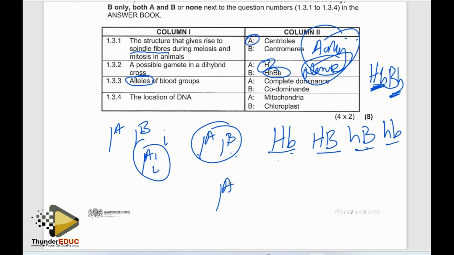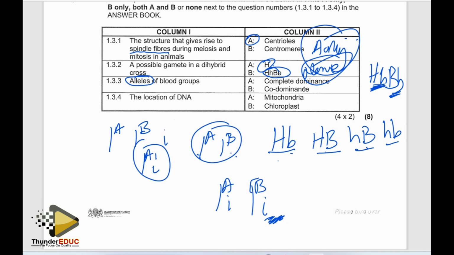So it is A. If I have B and O, it is completely dominant because B is completely dominant over O. So it's complete dominant. So a lot of blood groups. In this case, there must be a discussion about it.